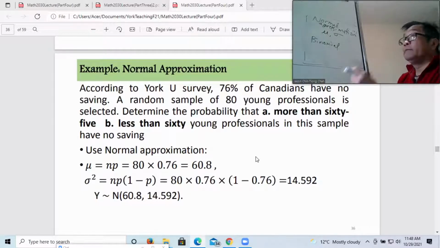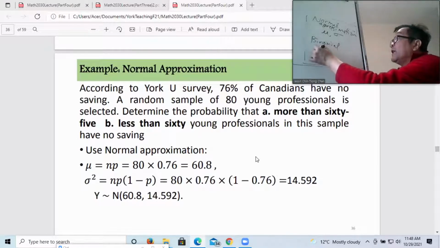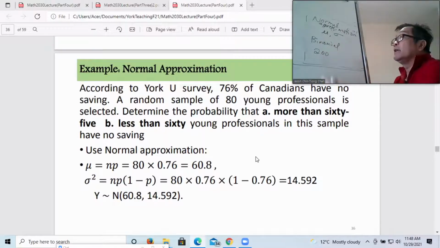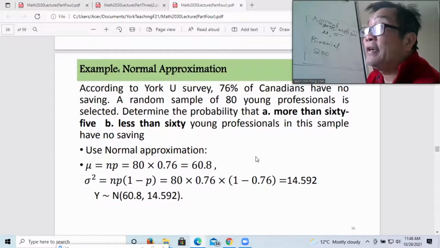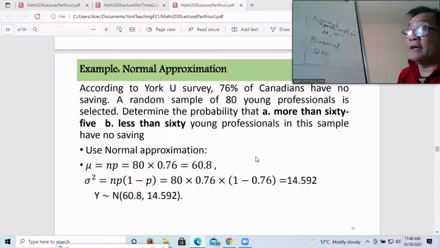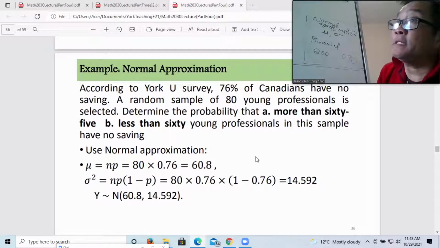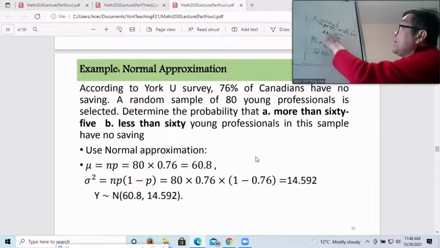Okay, so let's say this class I got more than 200 students. That's why every time the test paper I cannot give you on time. So let's say I got 200 students. In the past, 90% of the students get A. This one we call mu, okay?